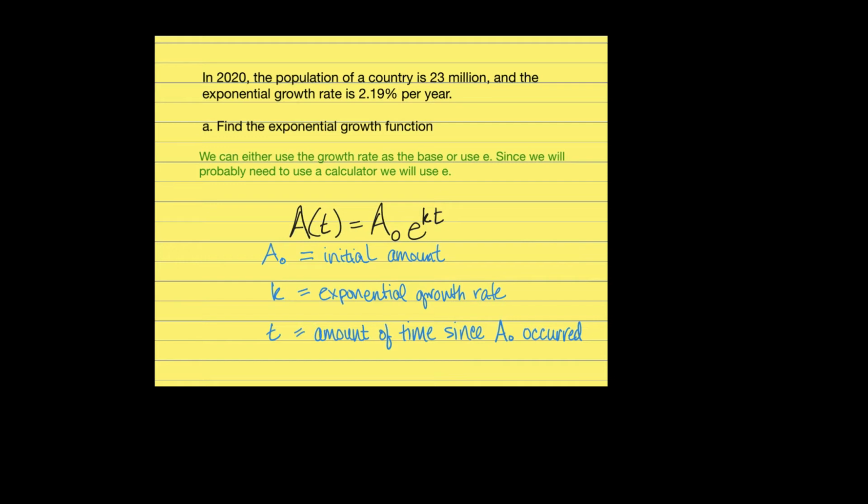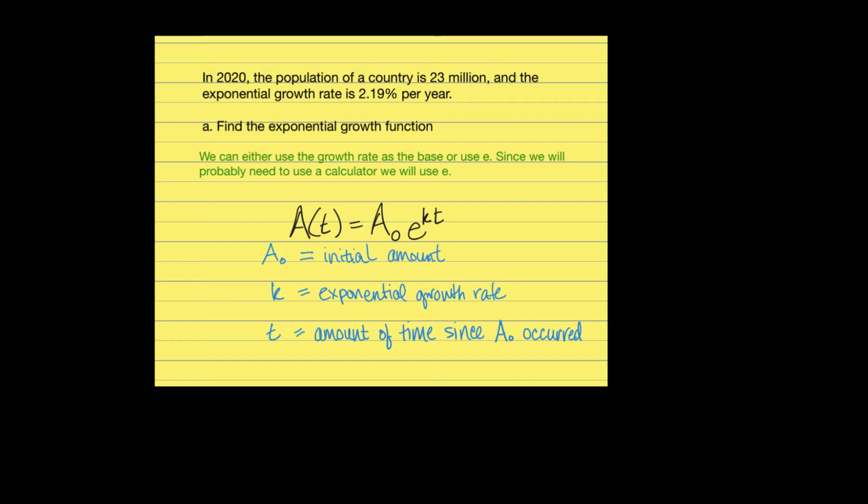The basic population formula, actually the basic exponential function, looks like this: A of t equals A naught e to the kt. A naught is the initial amount. That little zero there stands for when t equals 0, so you're looking at the amount when t equals 0 for that number.